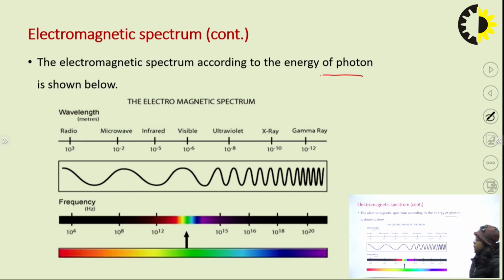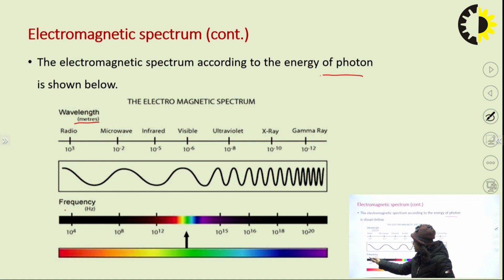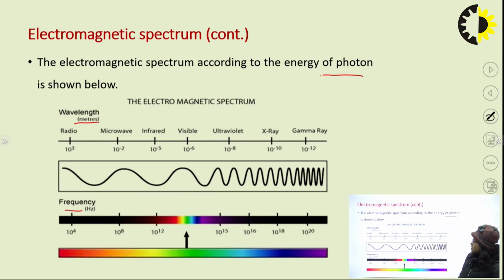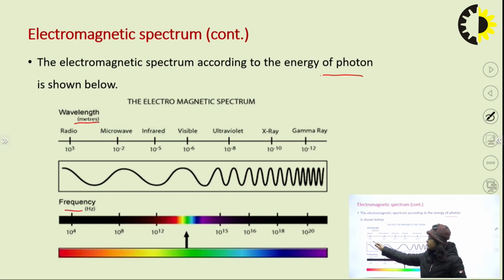The electromagnetic spectrum consists of a range of signals which is based on the energy of photon. Now, if we classify the spectrum, we can classify it based on the range of wavelength or the range of frequency. We can say that the radio waves have wavelength 10 to the power 3 meter, or 10 to the power 4 Hertz frequency. Microwave have wavelength 10 to the power minus 2 meter or 10 to the power 8 Hertz frequency.